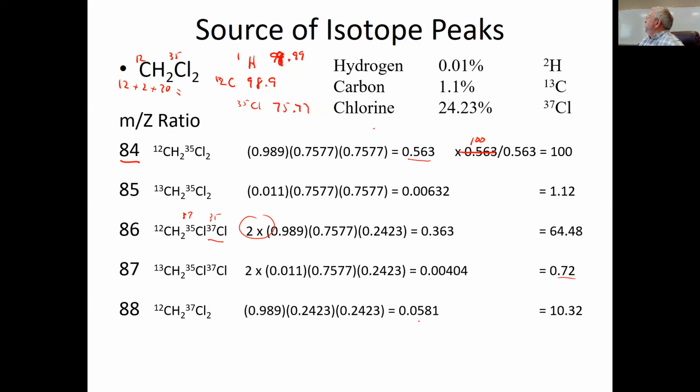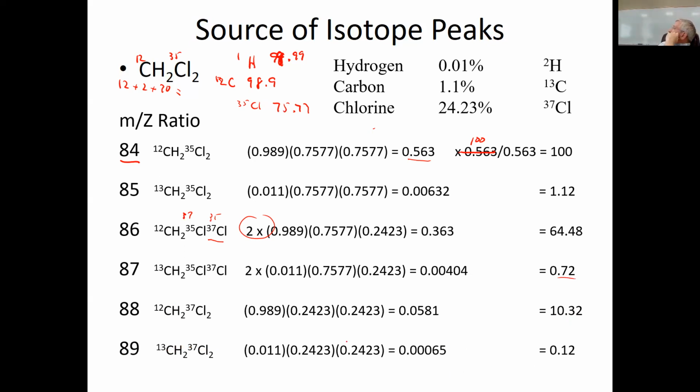And so you have 10.32. And then for 89, you'd have carbon 13 and both chlorine 37. So this mass-to-charge ratio, the higher the number, the further right it would be on the x-axis.